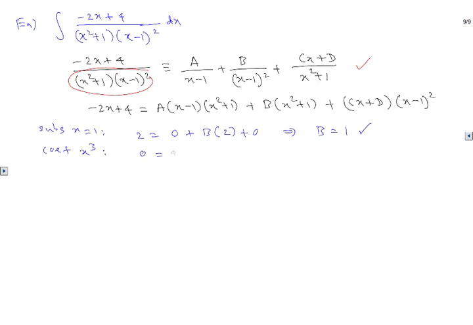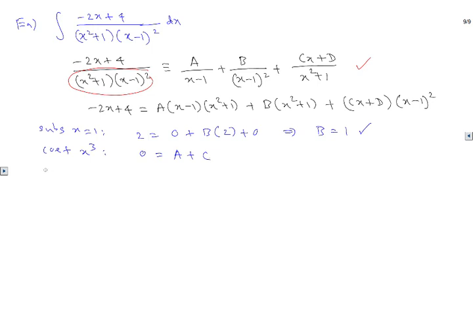On the right side, when you distribute the first two factors, you need x cubed, so the coefficient is going to be a. From the second one you don't get it, but from the third one you again get an x cubed term, so it's going to be c. So you get a plus c. But we don't know anything yet. We don't know a, we don't know c, so we cannot find anything.